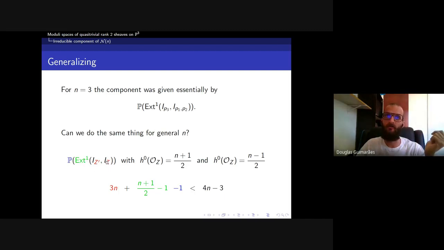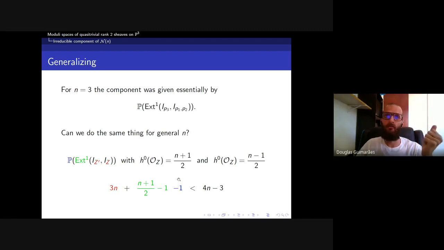It's just the length of the right side minus 1. And since we are taking the projectivization, we should remove one more. But this is less than 4n−3, so this is not enough to fill an irreducible component of our moduli space.